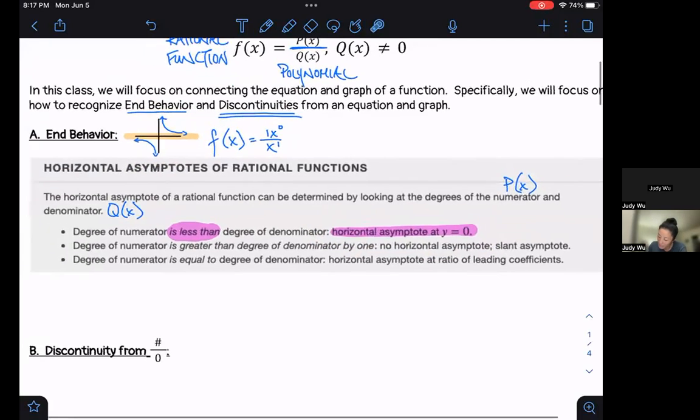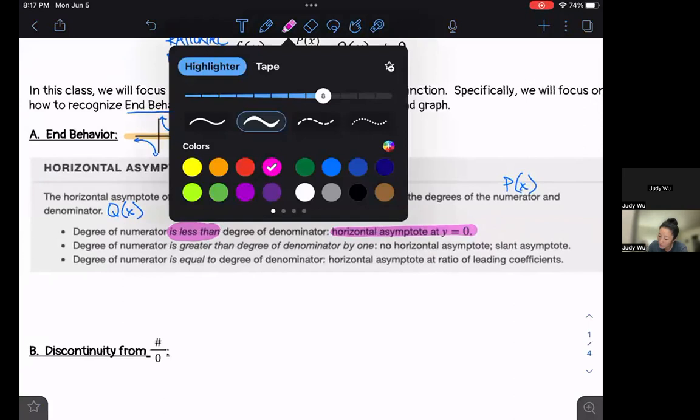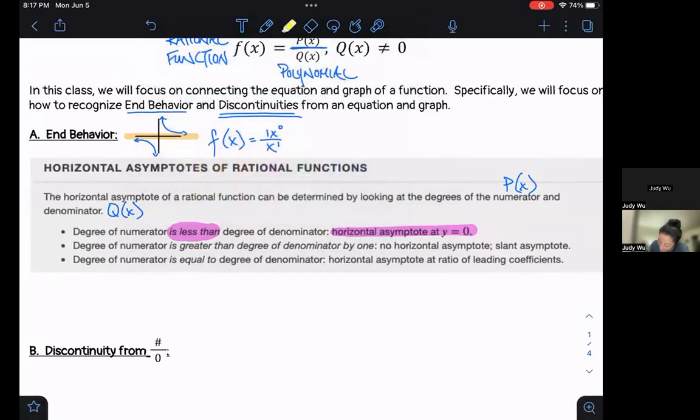Okay. Now, what happens if we flip-flop that? And what I mean by that is the degree of the numerator is greater than the degree of the denominator. All right. Then it turns out that there's no horizontal asymptote, right? Another way of saying that is we have a slant asymptote.